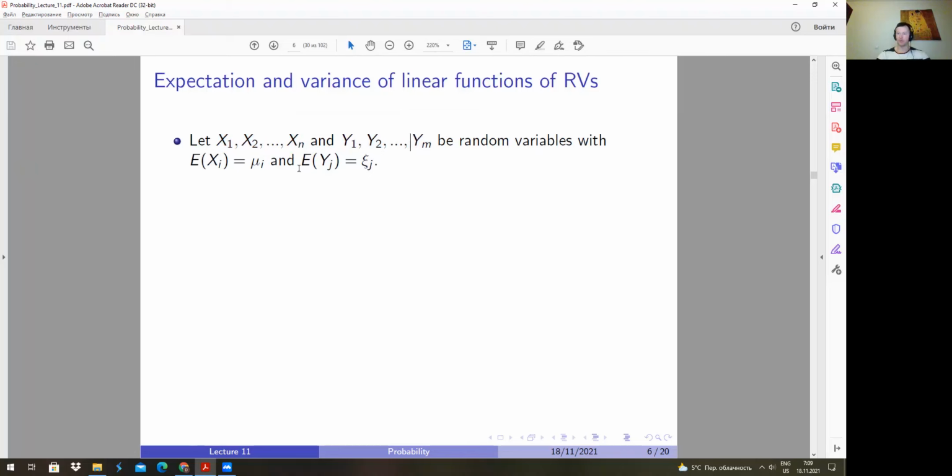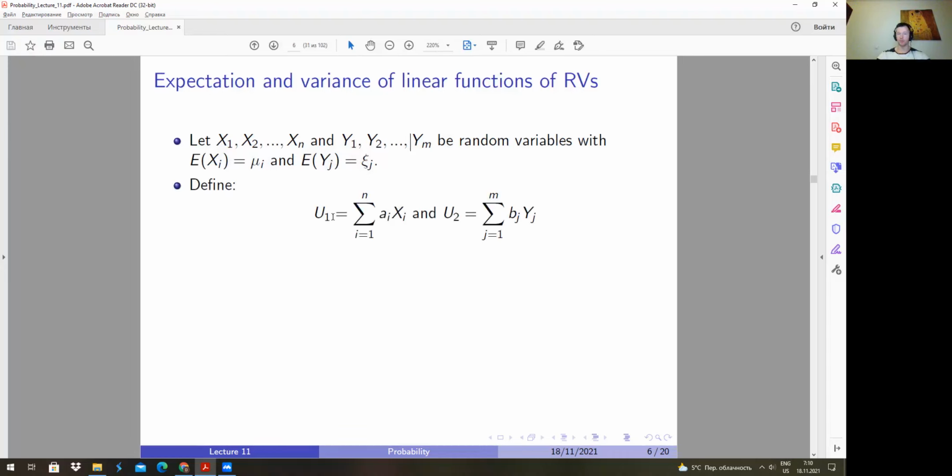For each of these random variables individually we have the expectations, so we denote the expectations of x with the letter mu i, and we denote the expectations of variables y with eta j.